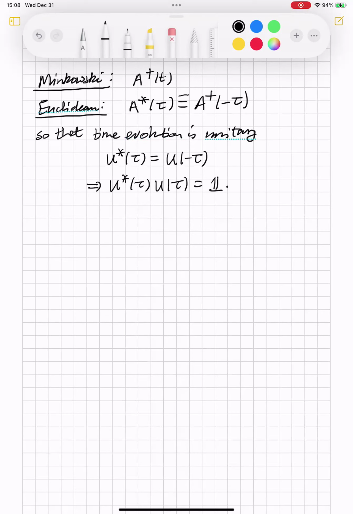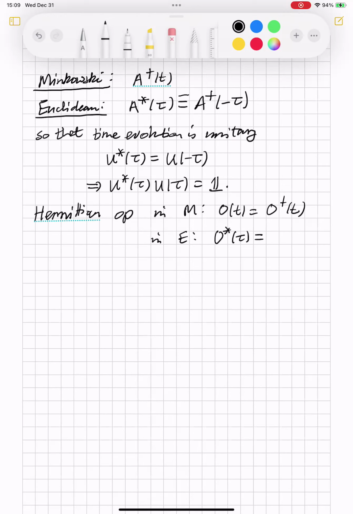So we have taken the definition of the dagger in Minkowski space and we've used it to provide a definition of the dagger in Euclidean space. If you want to have a Hermitian operator, in Minkowski you would have said that O of t must be equal to O dagger of t, whereas in Euclidean space, you would say O star of tau must be equal to O of minus tau.